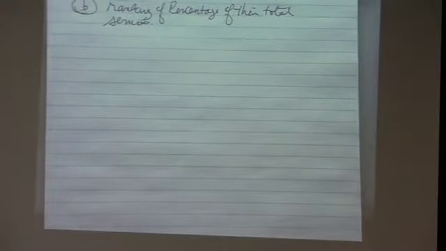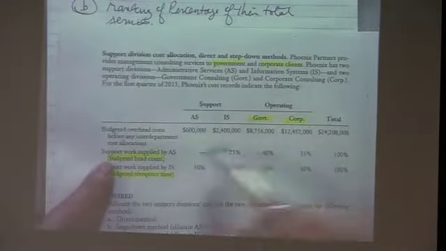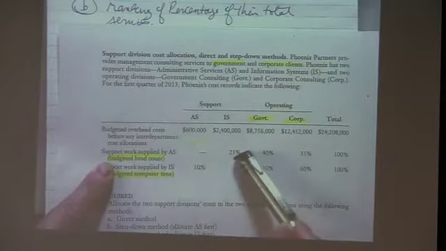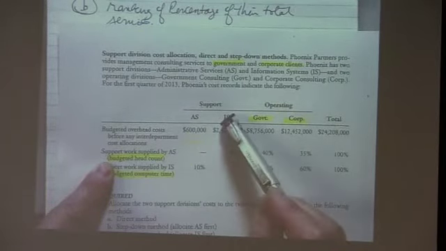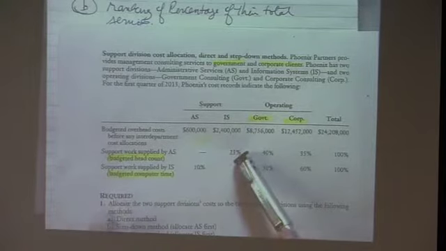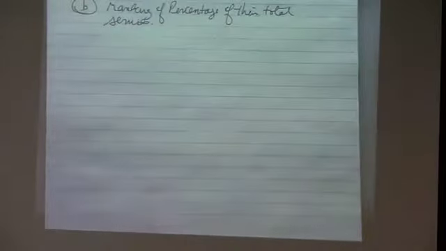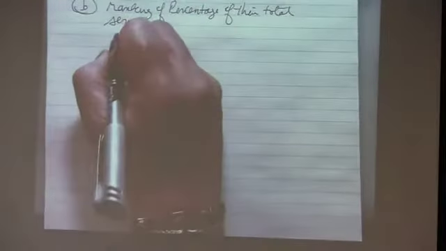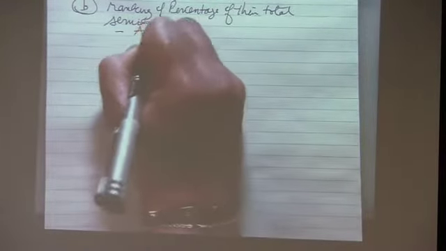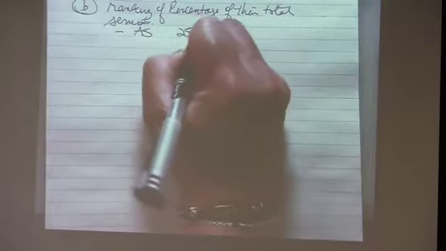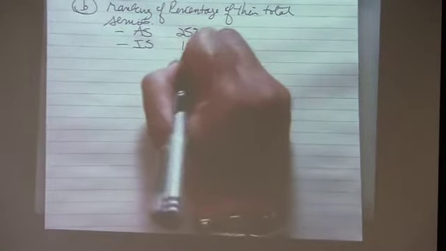So if I go back to the question, you can see that the admin services supplies work 25% to the info services, whereas the IS department only supplies 10%. So the AS department is 25% and the IS department 10%.